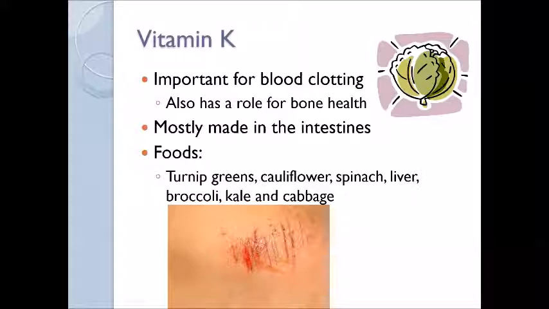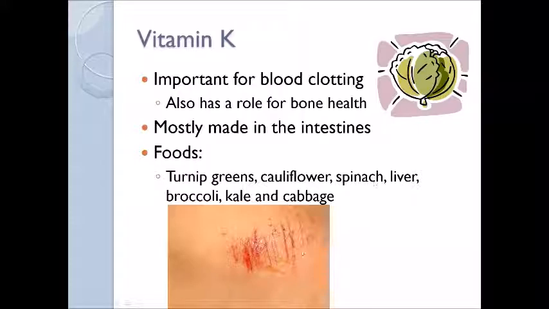And whenever we get a cut or a scratch or a bruise, in order for that bleeding to stop, you're going to need clotting to occur. So clotting is basically when our body tries to heal whatever wound is causing it to bleed. And you need vitamin K for this to occur.